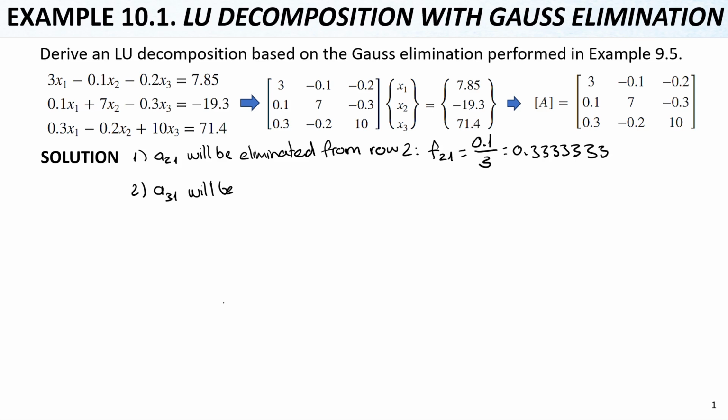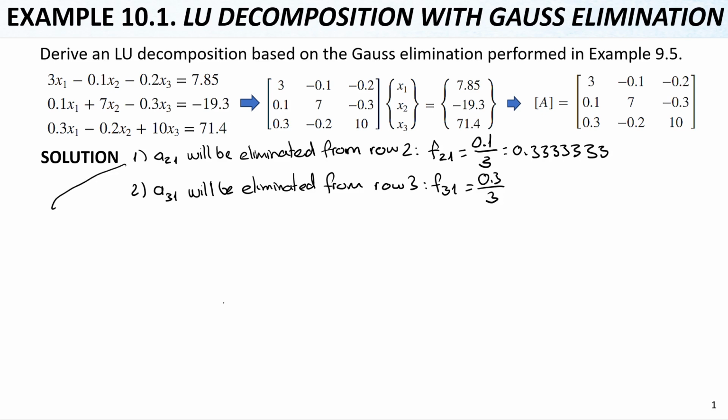It will be eliminated from row 3, and for that we have F31 equivalent to, this time, 0.3 divided by 3, and we will multiply this by the first row, then subtract it from the third row, and these will be eliminated. Of course, these will be updated. Then we can write the updated function like this.